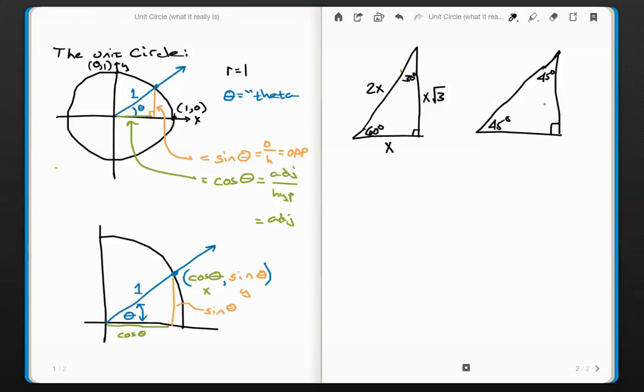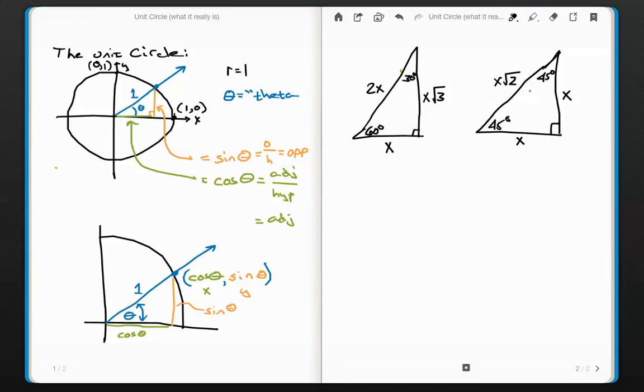All three angles add up to 180. Since this has two of the same angles, it's really an isosceles triangle, which has two sides the same. If we call this x, this is also x. And this one is x times the square root of 2. That's the special sides there.